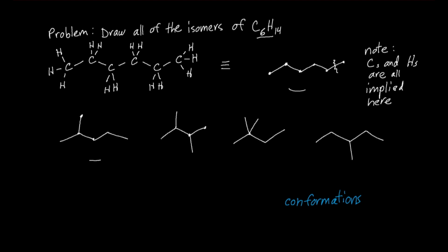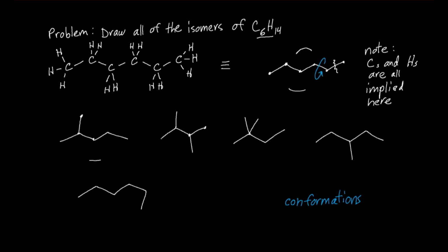Now, a common mistake is if we look again at this top structure, what I see often is that someone will draw it like this and say that's a different one, just because it looks different. But that does not incorporate what we know about these molecules, and that is that they can rotate around any single bond.